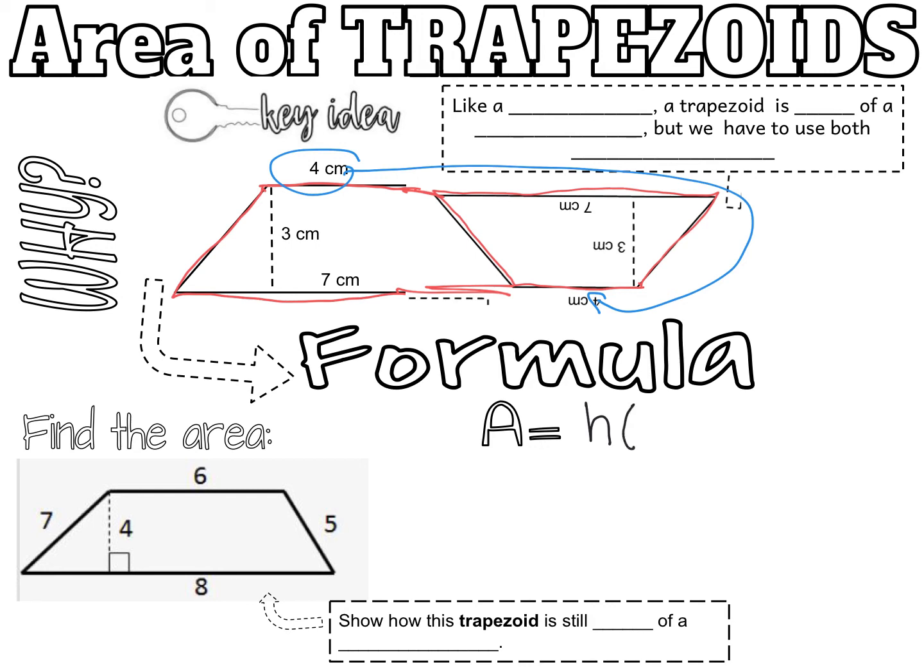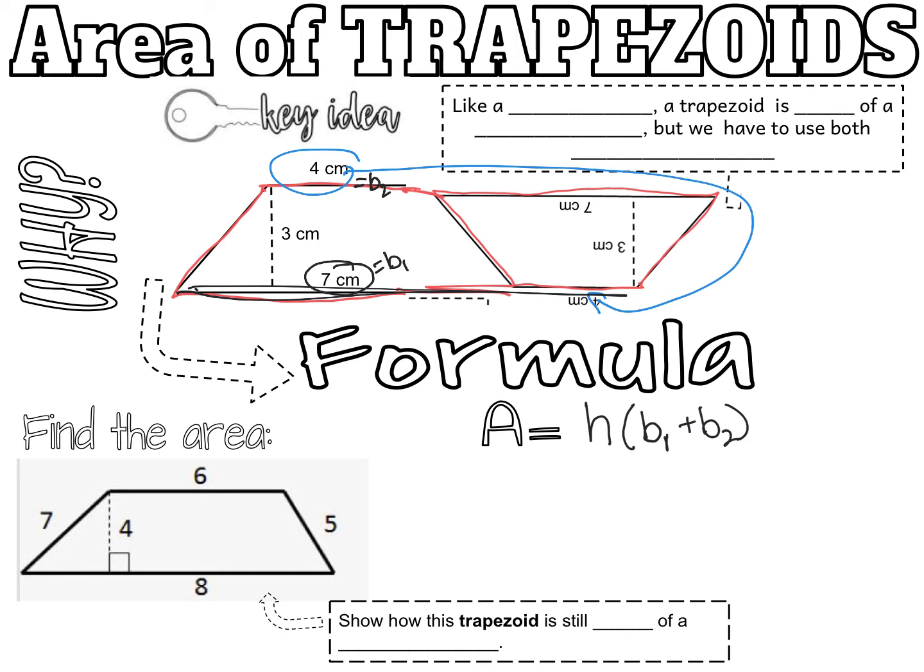So the base of what would be our larger parallelogram was this first base, which was 7 centimeters. We're going to call that base number 1. And then how that 4 got brought around, this is going to be base number 2. And we have to add those together because they become the full base of that larger parallelogram.